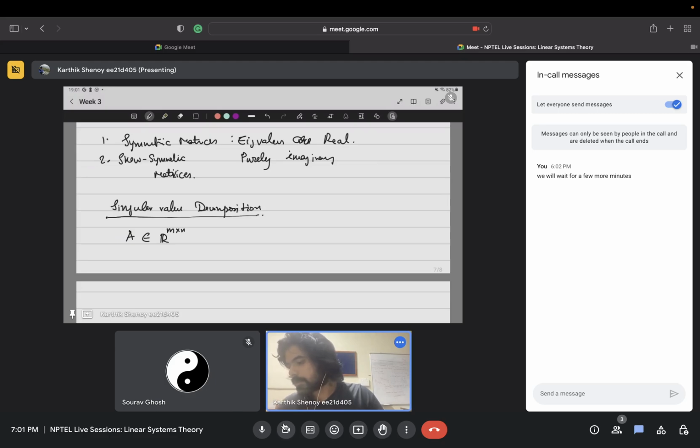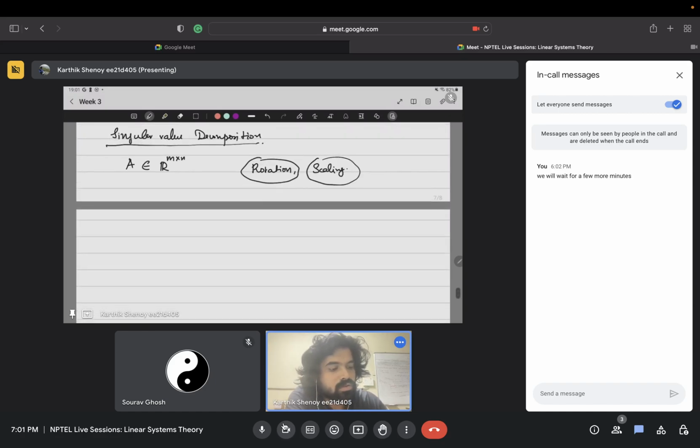You know that a matrix does two things, right? One is rotation, the other one is scaling. So what we are going to do is split this into two: matrices which only do rotations and matrices which only do scaling. That's what singular value decomposition is all about.